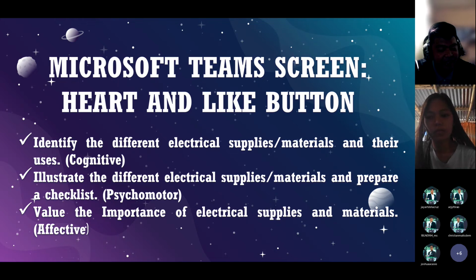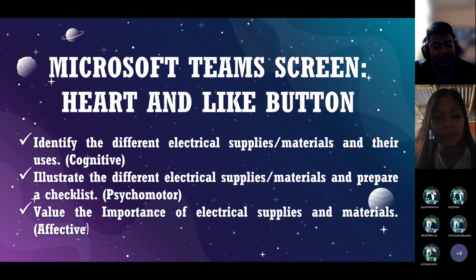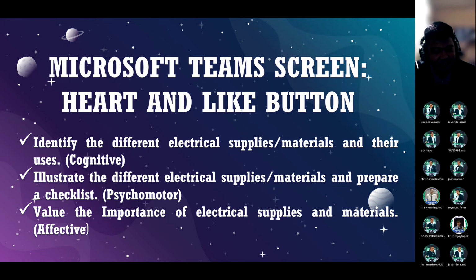Next, illustrate the different electrical supplies or materials and prepare a checklist. Is it a heart or a like button? Lastly, value the importance of electrical supplies and materials. Is it a heart or a like? So I'm happy that we achieved the lesson's objectives for today's discussion.